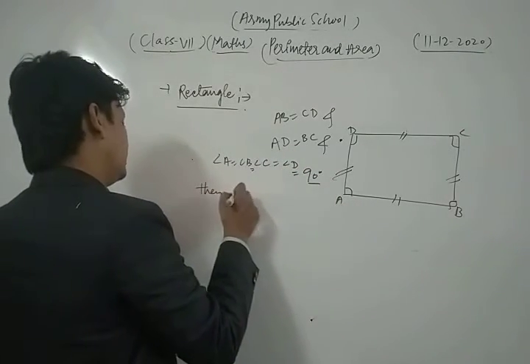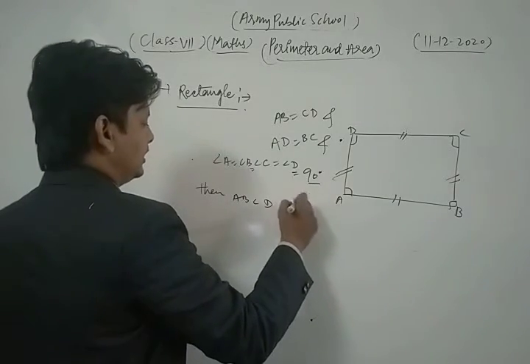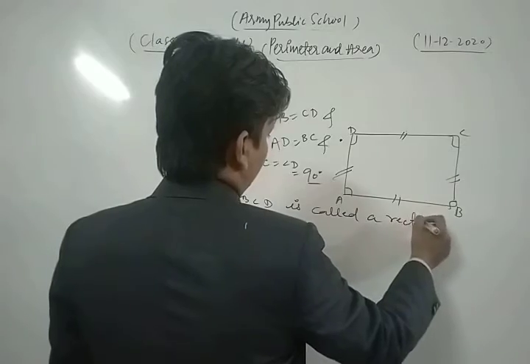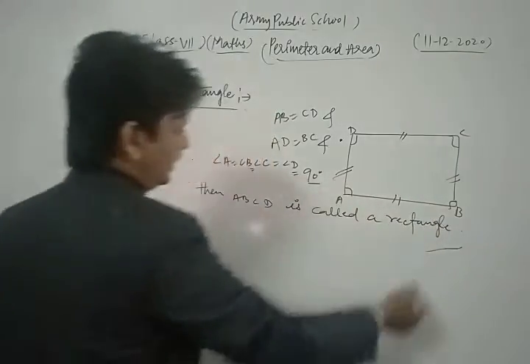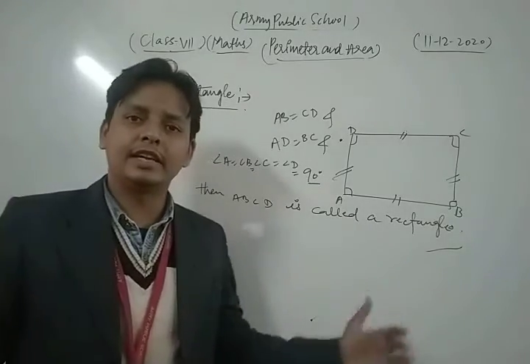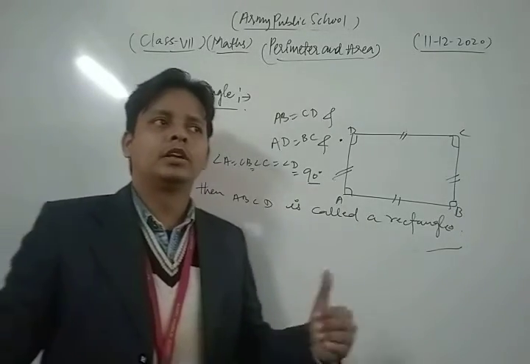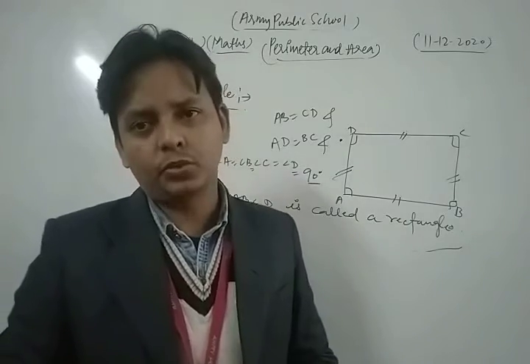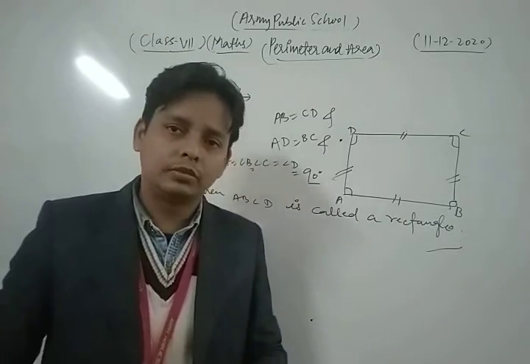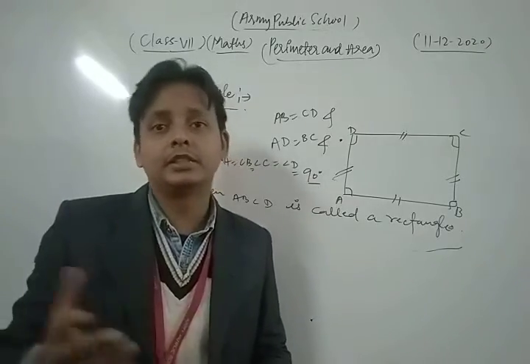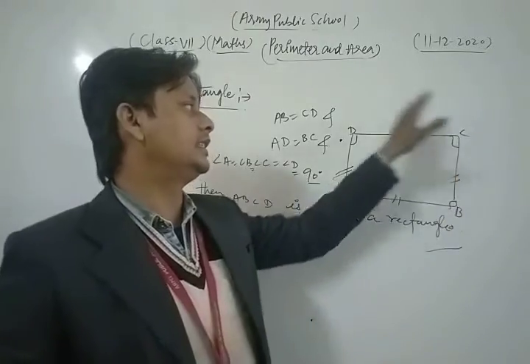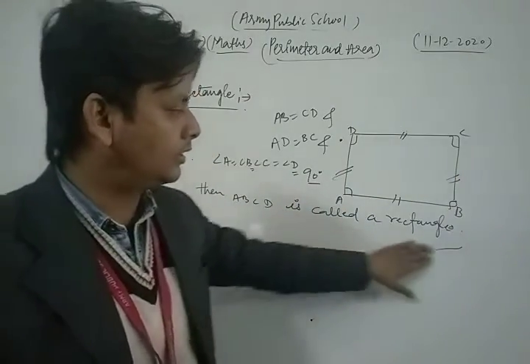Then ABCD is called a rectangle. Thus, if in any quadrilateral ABCD the opposite sides are equal and each angle is a right angle, meaning 90 degrees, then ABCD is called a rectangle.